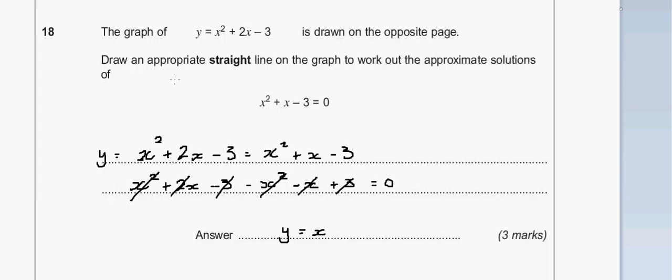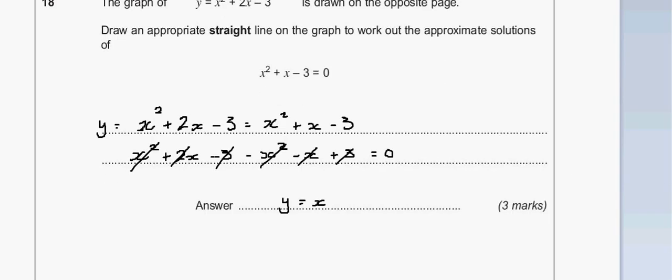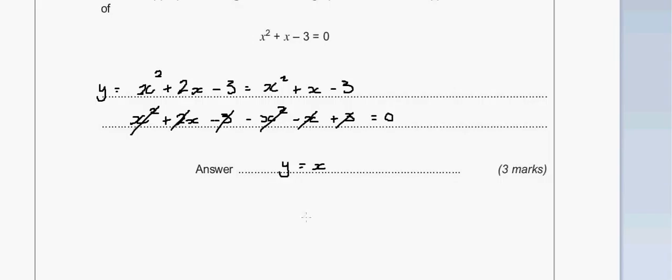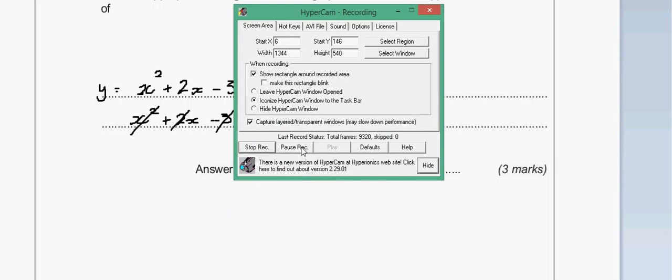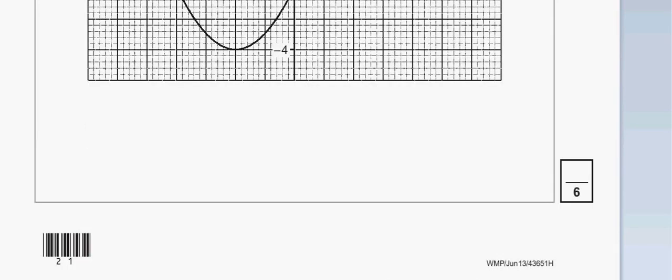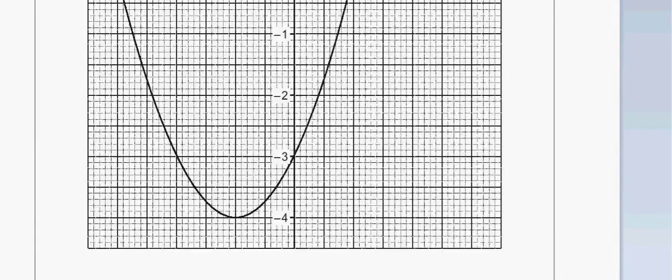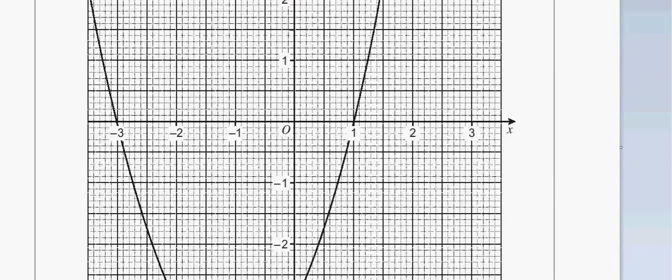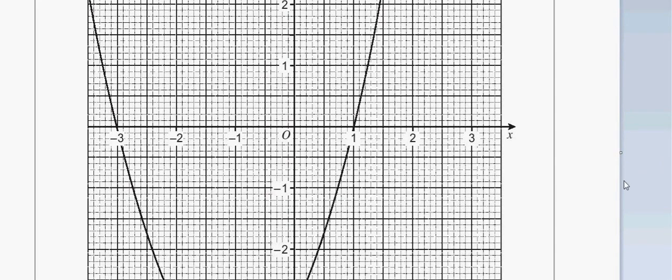Now it says draw the appropriate straight line on the graph to work out the approximate solutions. So all I need to do now is go to the graph and solve that particular part. I'll pause there and go to the graph. Okay, so here we have the graph, and we need to draw in the line y equals x, because that was the line that we worked out we needed to draw.